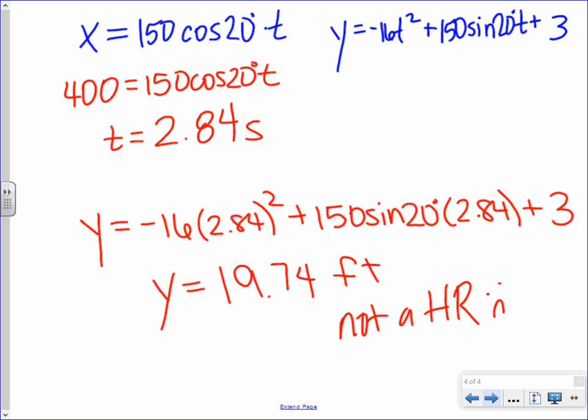Now I want you to think about this. What if we took away the fence and I want to know where this would hit the ground? When we did that in the example before, we plugged 0 in for y. When we have an initial height that is not 0, how are we going to have to solve that equation?